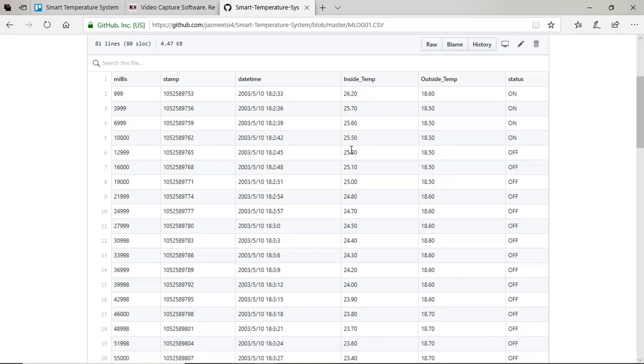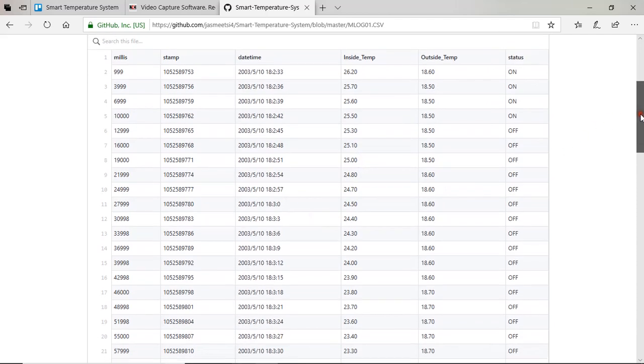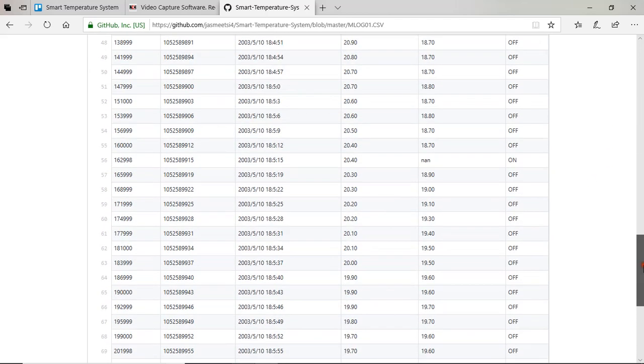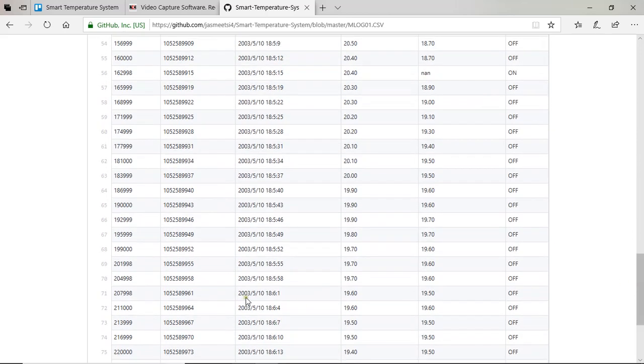But when it becomes equal to 25 and goes lesser and lesser, the status turns off.